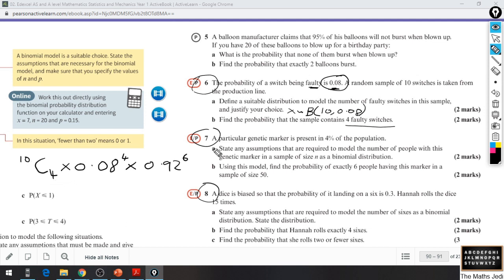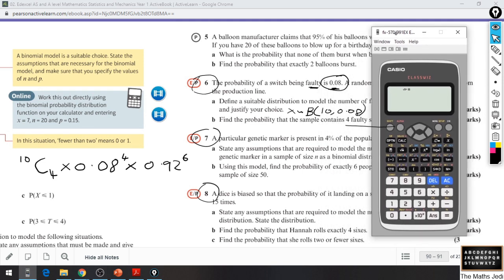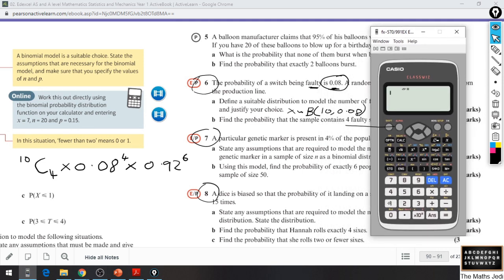Let's bring up the calculator. So just move it to one side slightly. Okay, so here's my calculator. I'm going to do 10 choose 4. So notice 10 choose 4 here.